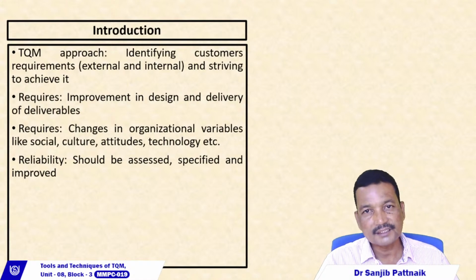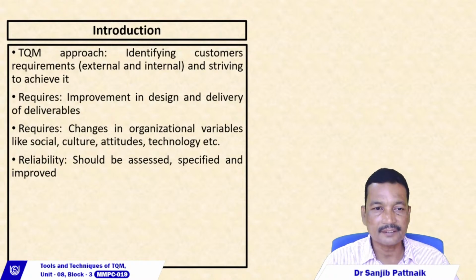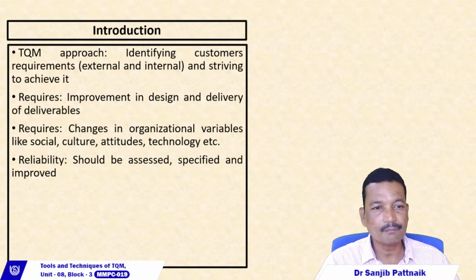Now what are the changes? The changes in the organizational climate. When we talk of organizational climate or the organizational variables, it is impacted by a number of items like the social, the cultural, the attitudes, and the technology.